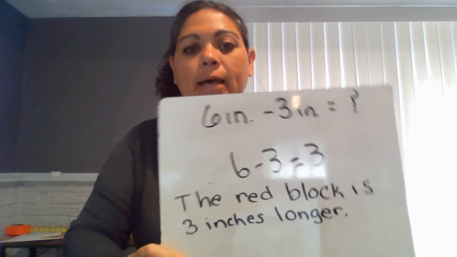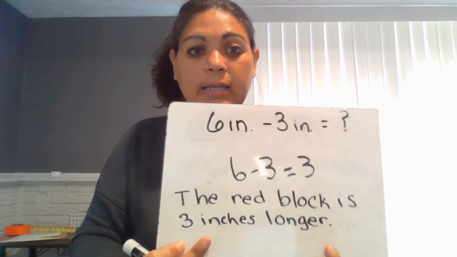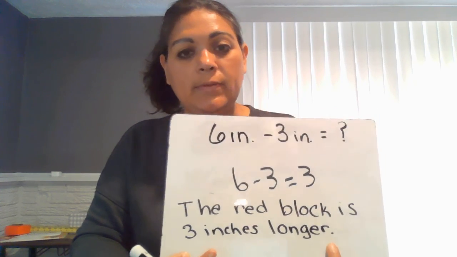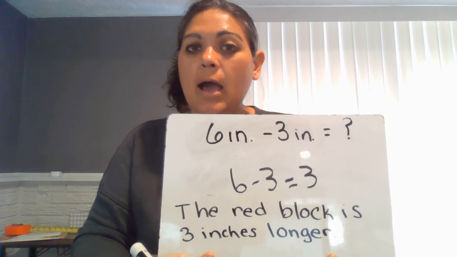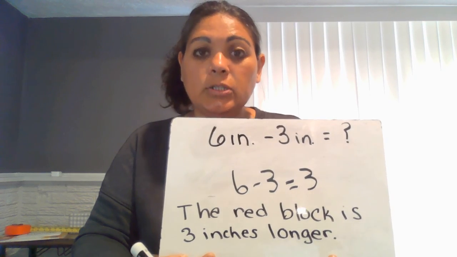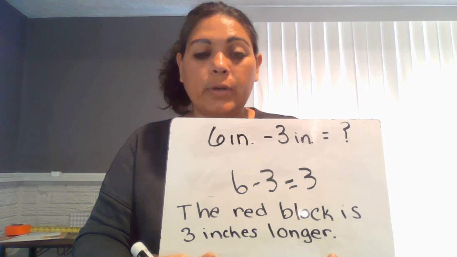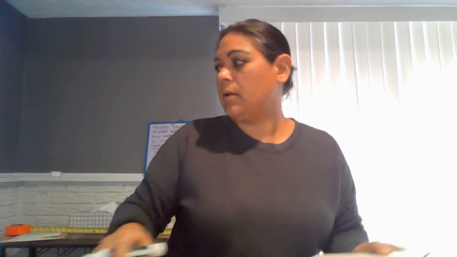Do not forget to use your capital letter, your spacing, so we can understand it, and that you have your punctuation at the end. So this says the red block is 3 inches longer. I can also say the blue block is 3 inches shorter. 3 inches is the difference between the both of them. So let's try another one.